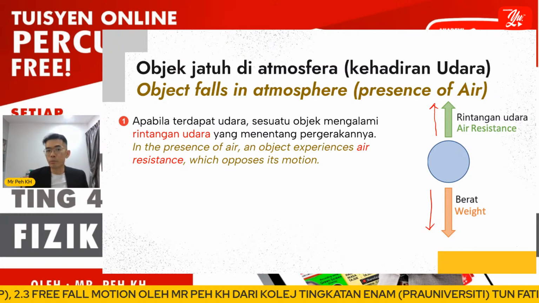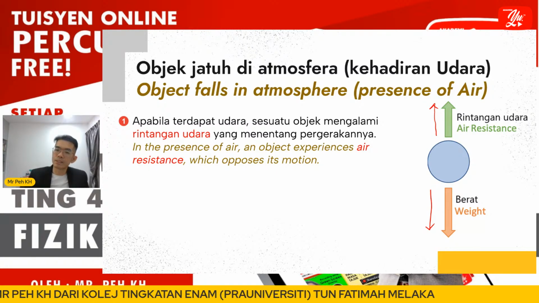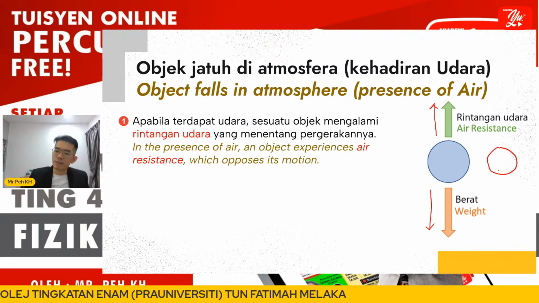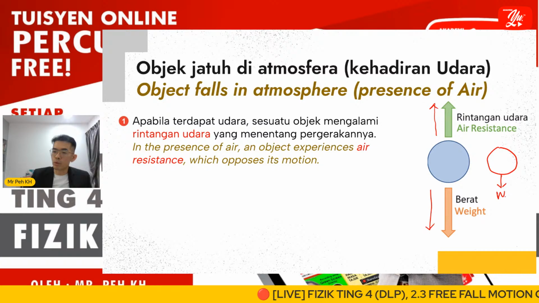This is different from the free fall motion we just explained, where the object is only influenced by the downward gravitational pull, which is also given by the parameter of weight.